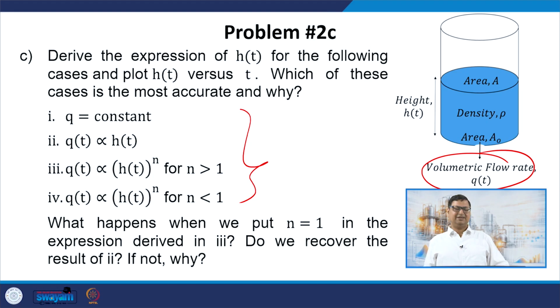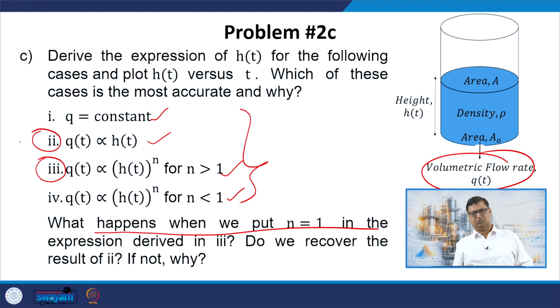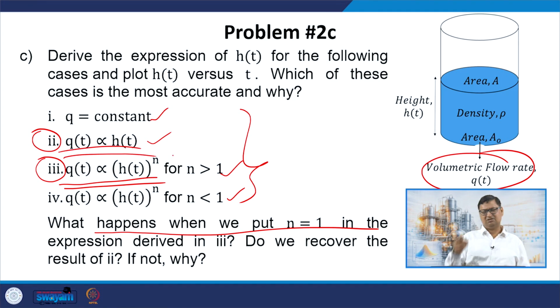And then I want to do it for a constant case, a linear case, a power n case for n higher than 1 and less than 1, and then I want to see what will happen if I put n equal to 1 in the expression of 3 or 4, and whether we recover the expression in 2. Intuitively speaking, whatever we get for this case, if I put n equal to 1, I should get that case, but let us see what the math gives us.